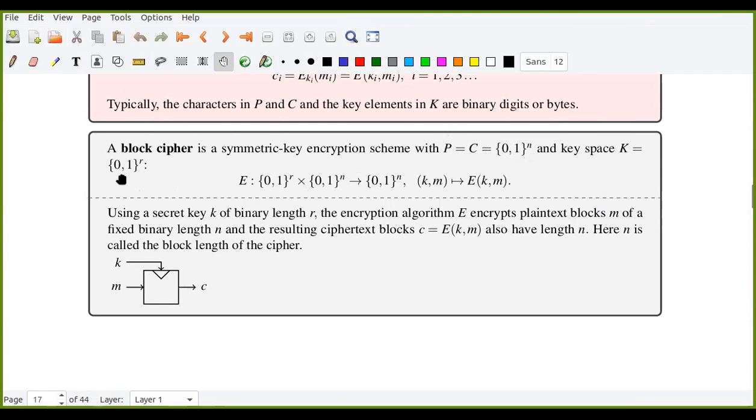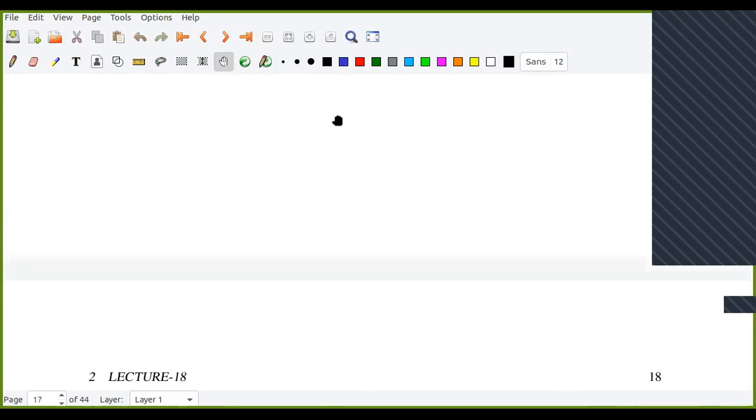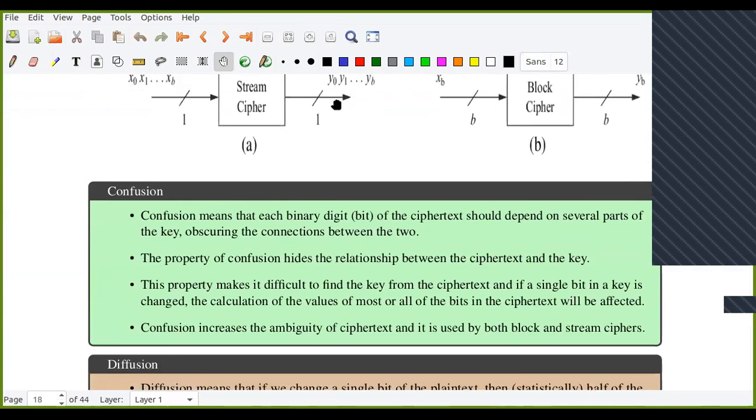The key space is {0,1}^r. The encryption map is {0,1}^r × {0,1}^n to {0,1}^n. So it will take a key and a plain text and give the ciphertext. The black box is like this: given a message and a key, it gives the ciphertext. So that is what I told here.